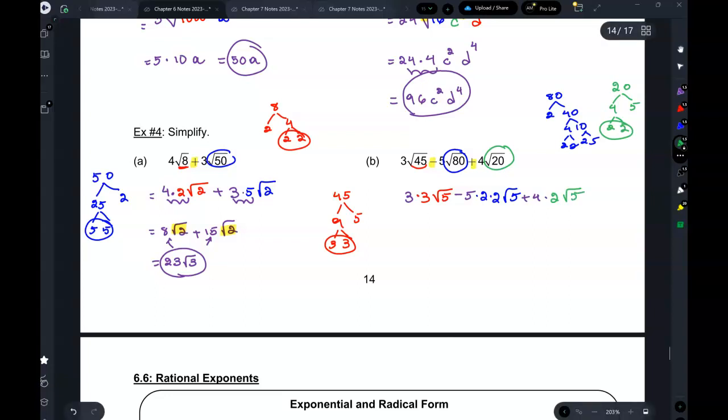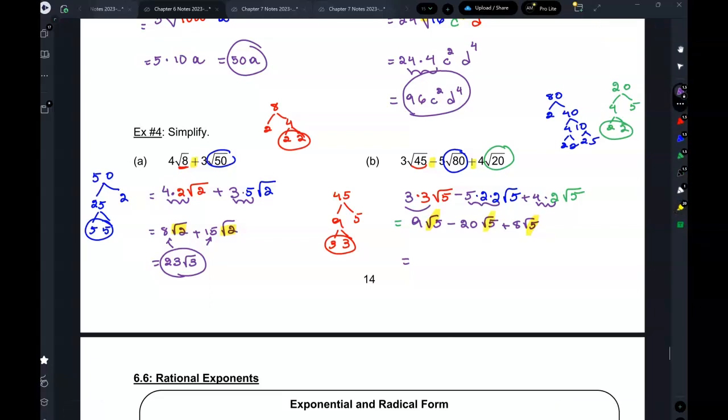All right, so I have 9 root 5 minus 5 times 2 times 2, 20 root 5, plus 8 root 5. They're all root 5, so I have to add the coefficients. 9 minus 20 plus 8, that's going to be negative 3 root 5, and that's the final answer.